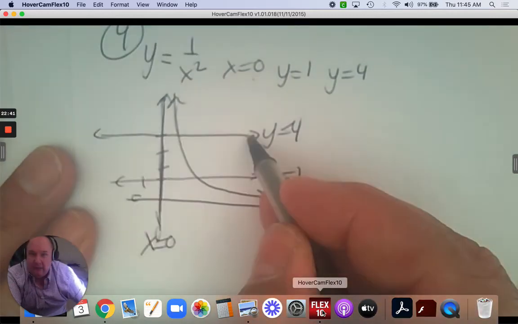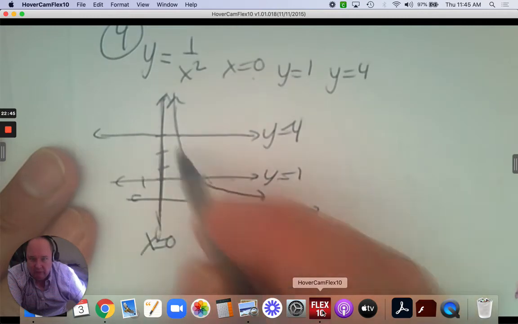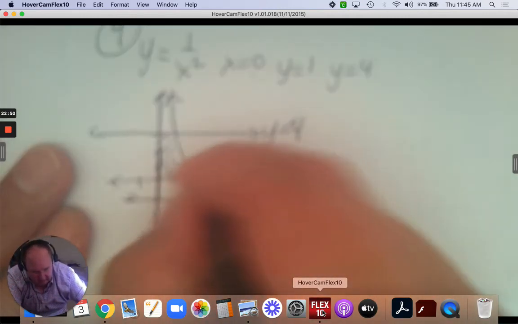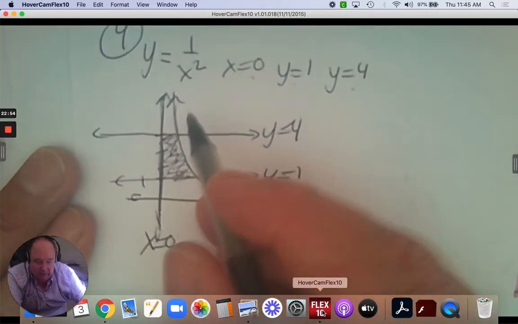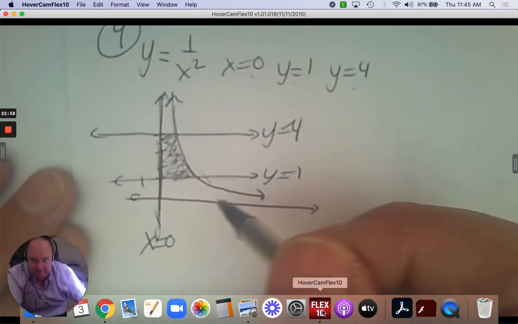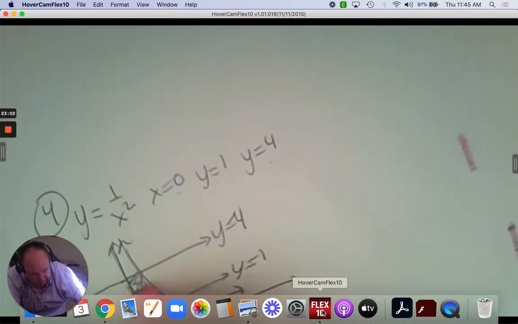So we have y equals 4, y equals 1, x equals 0, and the curve. So can you see the 4 sides to it? Shaded in. There it is. So notice we have 1, 2, 3, 4. They represent the 4 sides of the shaded area. One side's curved. And we're revolving it around the y-axis, so it's going to be sideways.